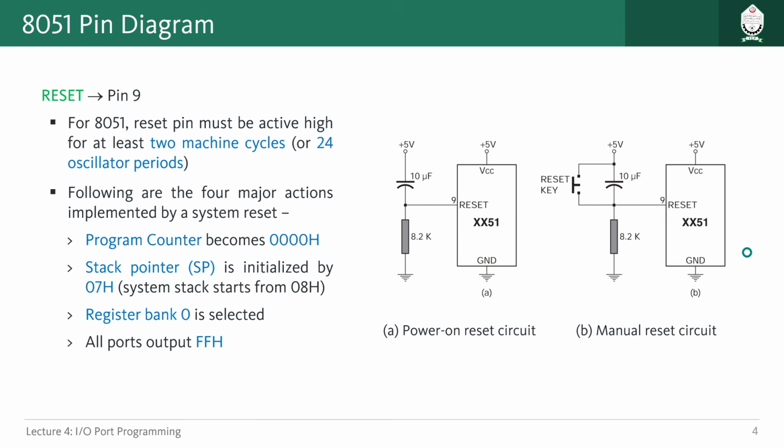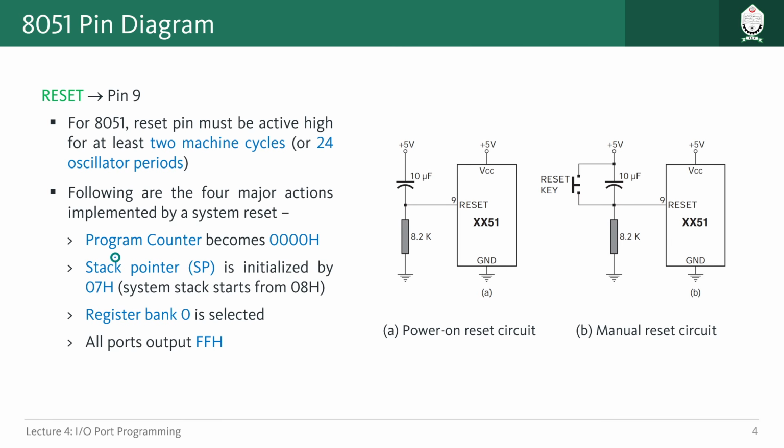But now let us look in detail at the reset pin, which is pin 9 of our microcontroller. Whenever we say resetting our microcontroller, what we mean is that it goes into its initial condition, right? Some of the major changes that happen whenever we reset are these 4.